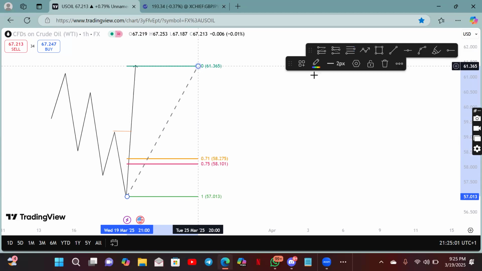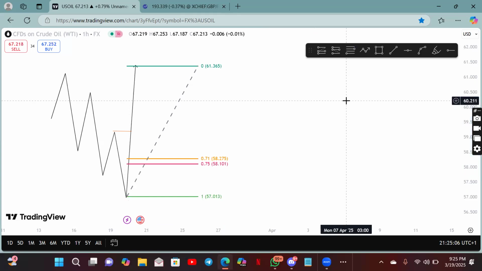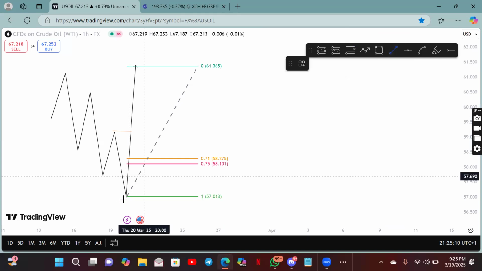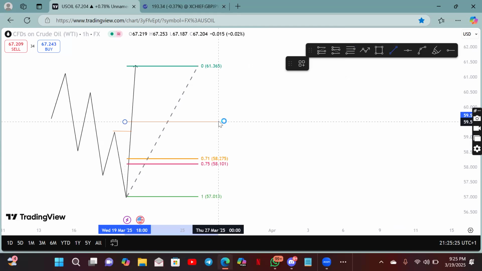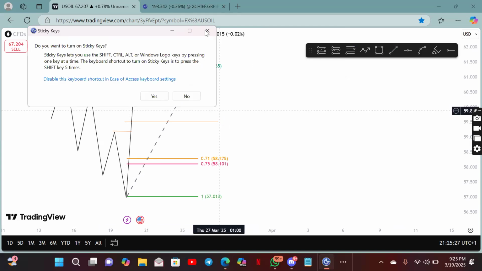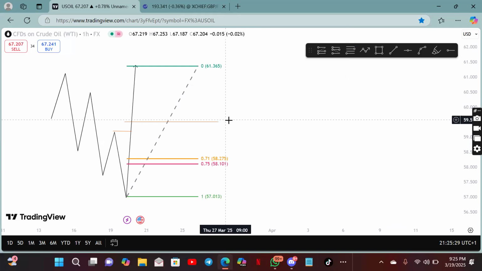But then on your own Fibonacci, you will see from here to here like this, right? You see the 50%. 50% will be here on your own Fibonacci, like this. Am I right or wrong?